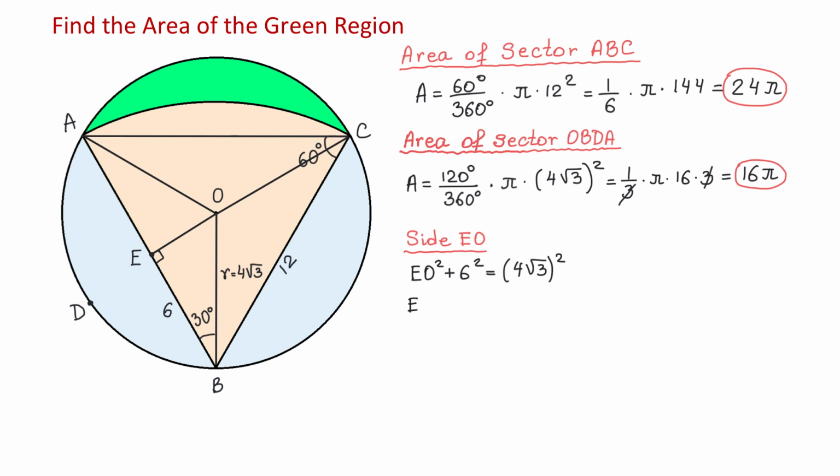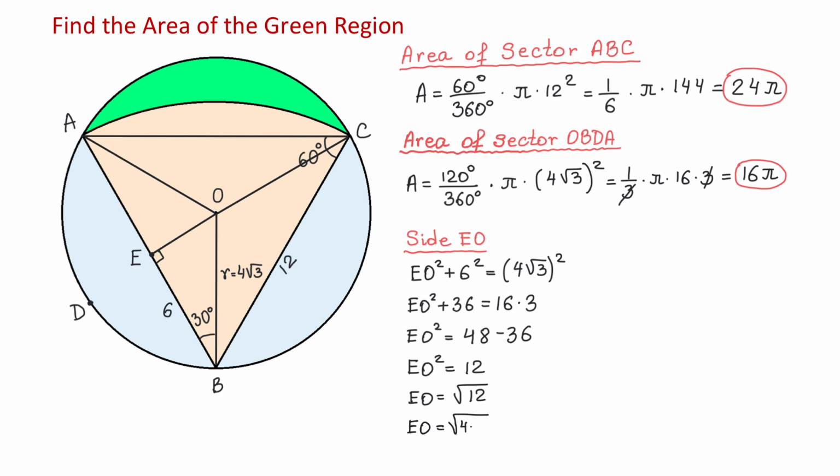Then EO squared plus 36 equals 16 times 3. And EO squared equals 48 minus 36. Then 48 minus 36 is 12, and EO will be equal to the square root of 12. Then if we write 12 as a product of 4 and 3, then square root of 4 is 2, then EO will be 2 square root of 3.